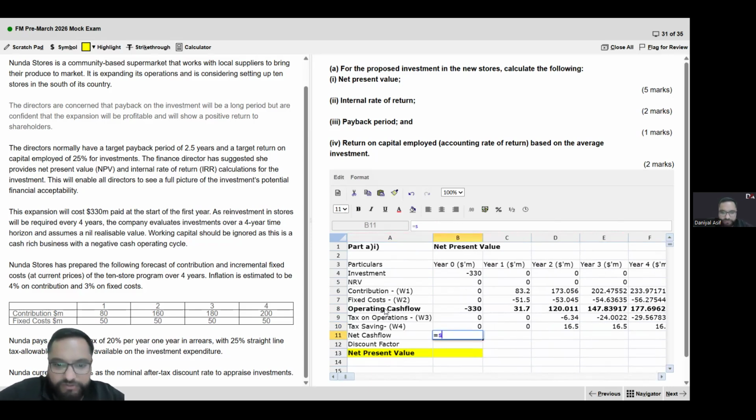How to calculate net flow: is equal to sum bracket open, operating cash flow with the tax, and everything that was tax rate.